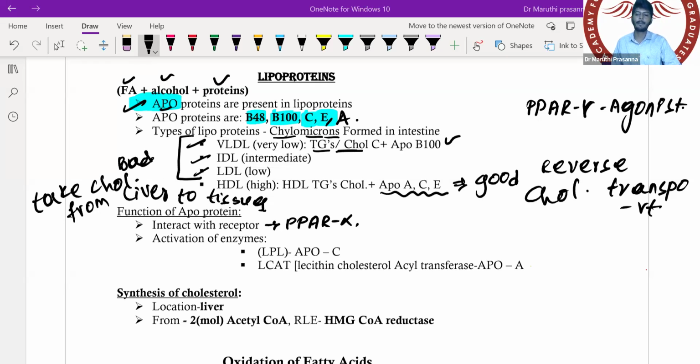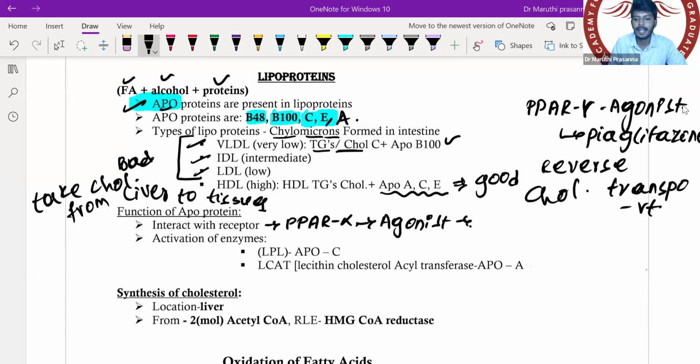Pioglitazone is a drug which is used in the treatment of diabetes mellitus. Which one is the PPAR alpha agonist? We have discussed this.